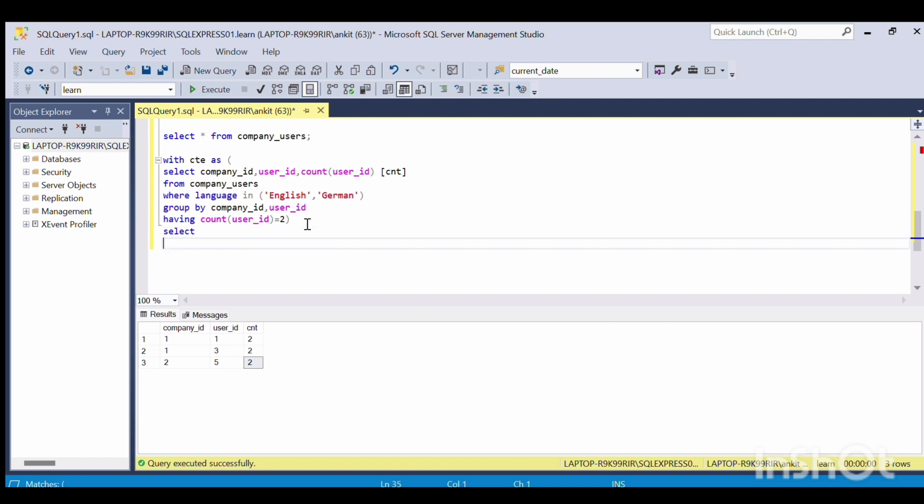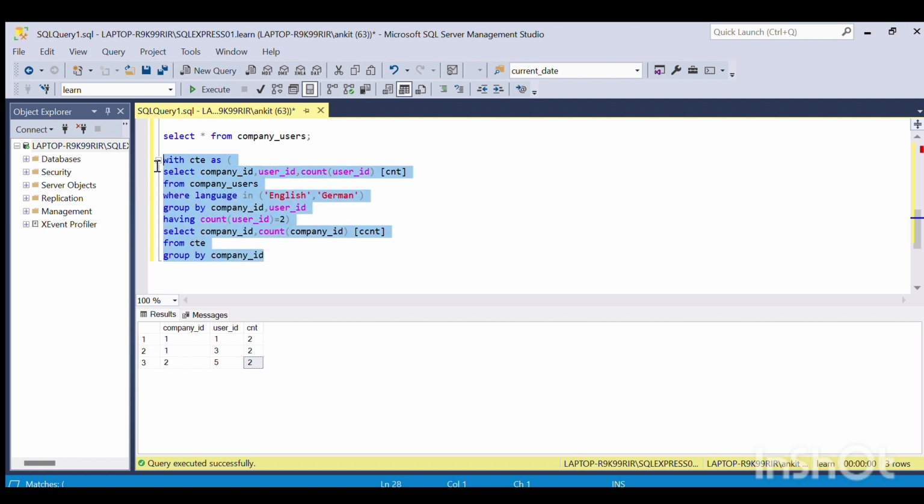Select from CTE, company ID comma count of company ID, group by company ID. Let's give it the name ccnt, that means company count.